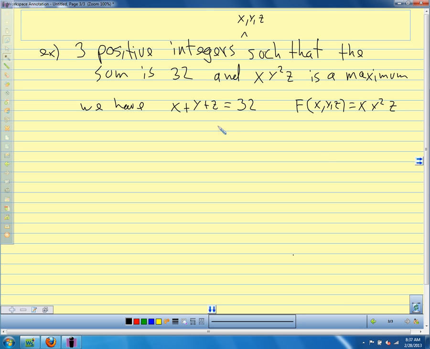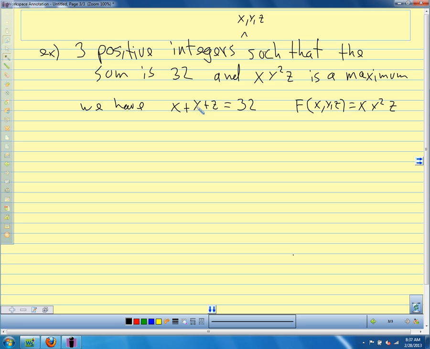Lagrange multipliers, that we'll talk about on Friday, is a procedure for doing these kinds of problems where we have a function and a constraint. We're going to do this one in a slightly different way today, just so we see how we would apply the tools that we already know to do this kind of problem. So what I'm going to do is use the constraint to eliminate one of these variables. We can think of this constraint as a surface.